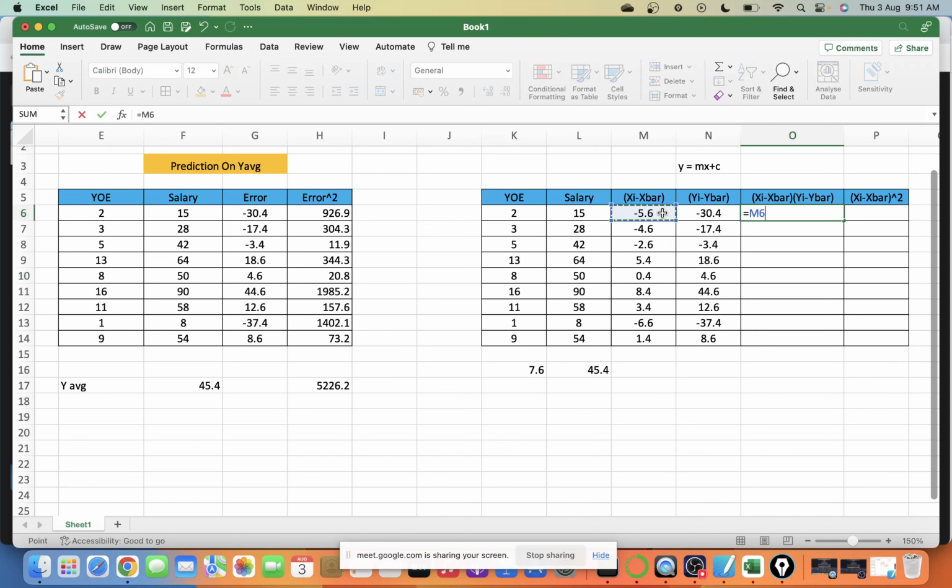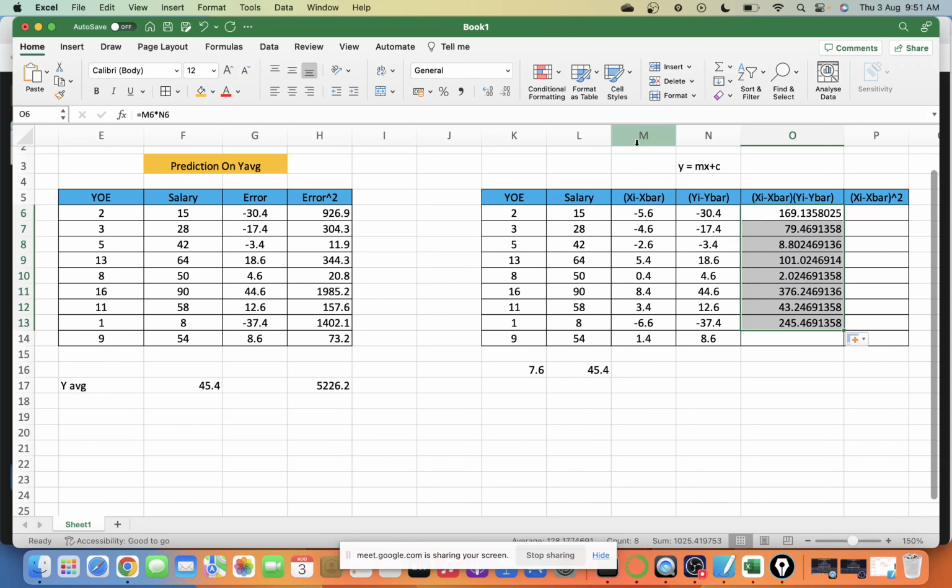This into this. Done. We have another set of values. We'll drag it down. Okay, sorry, we left the last one, so we'll drag it and we'll have it.